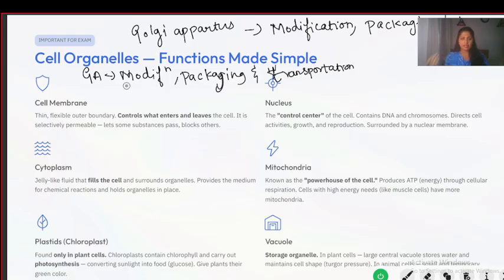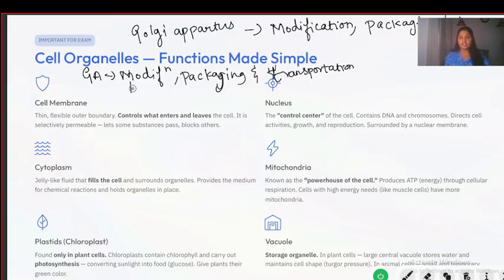So for example, I always give this example. When your mummy is preparing some very tasty food, now we will take fried rice. Just out of the box where she has kept the rice, she is not going to give you fried rice, right? There is some preparation needed. So what is happening? The raw rice is first cooked, that means it is modified. It becomes boiled rice.